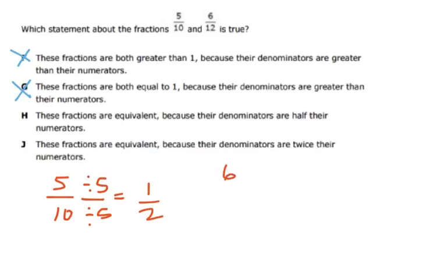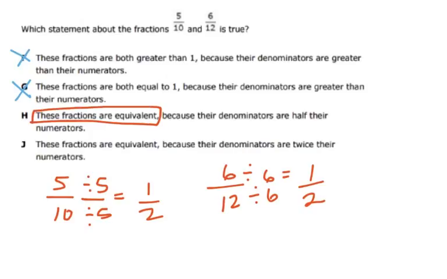And then if I take 6 twelfths and I divide that not by 5 over 5, but by 6 over 6, I see that, oh, those fractions are equivalent. So this part is true. These fractions are equivalent. Now, let's see what it says after that.